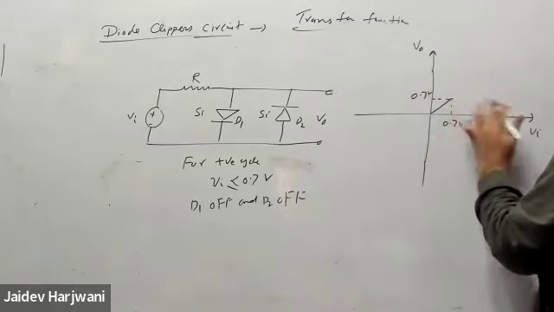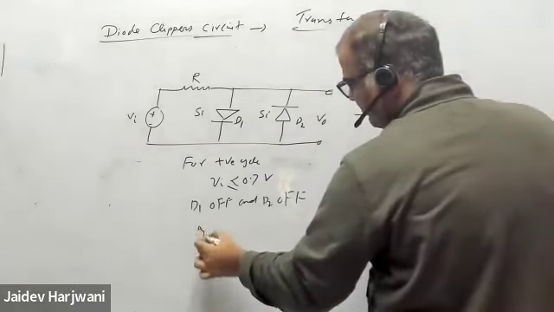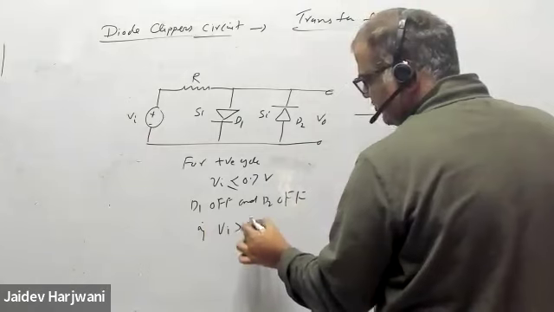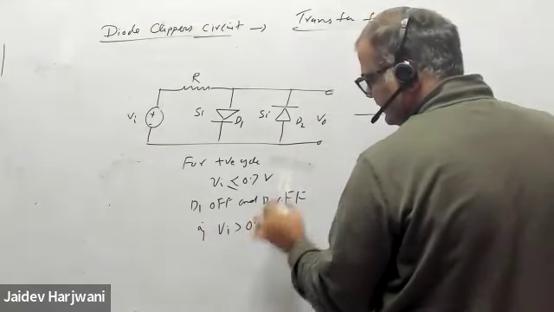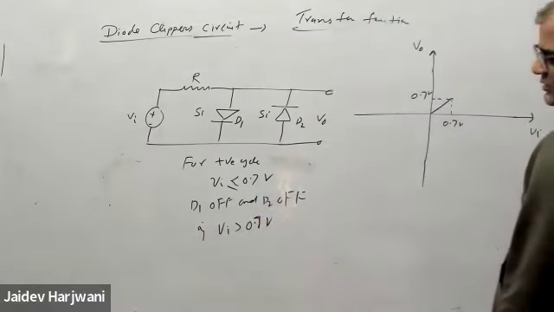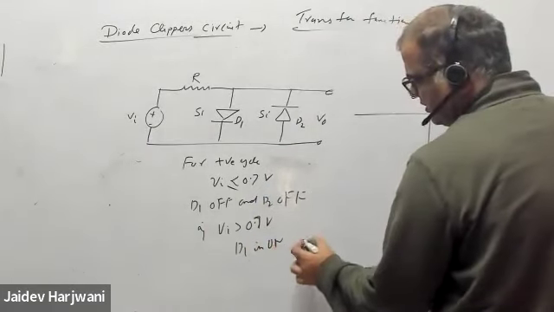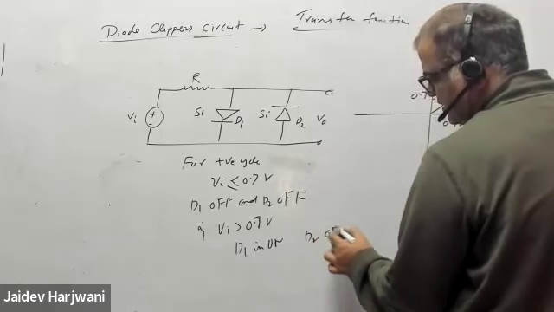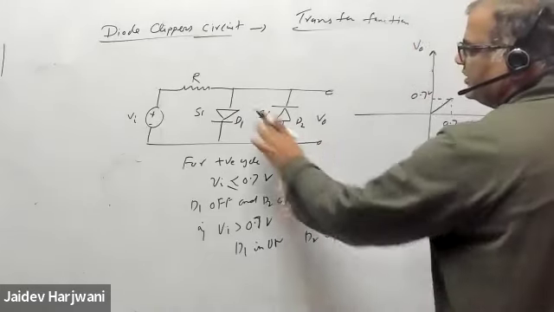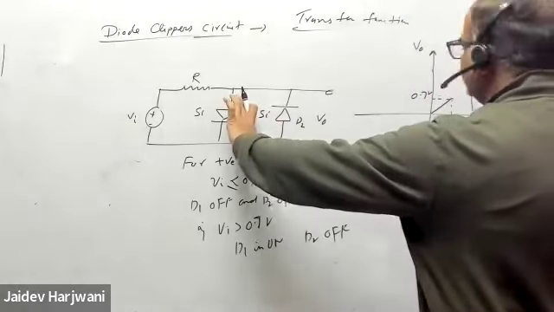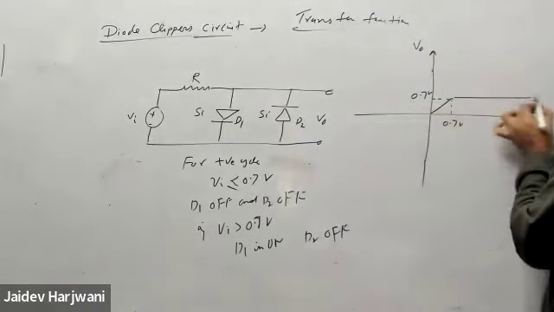And after that, what will happen? If Vi is greater than 0.7 volt, what will happen? D1 will be on, D2 is off. So this is not in the circuit, and this becomes on. So voltage here becomes fixed at 0.7.